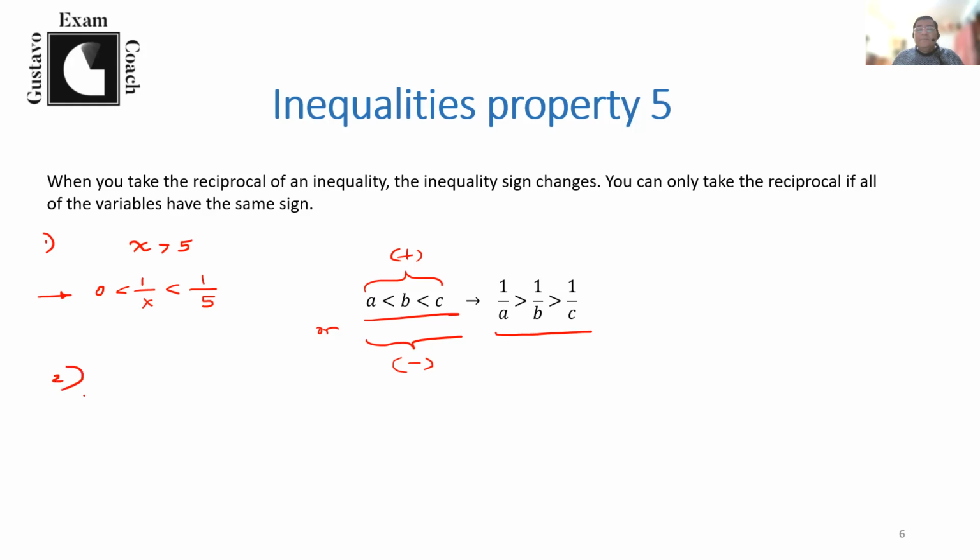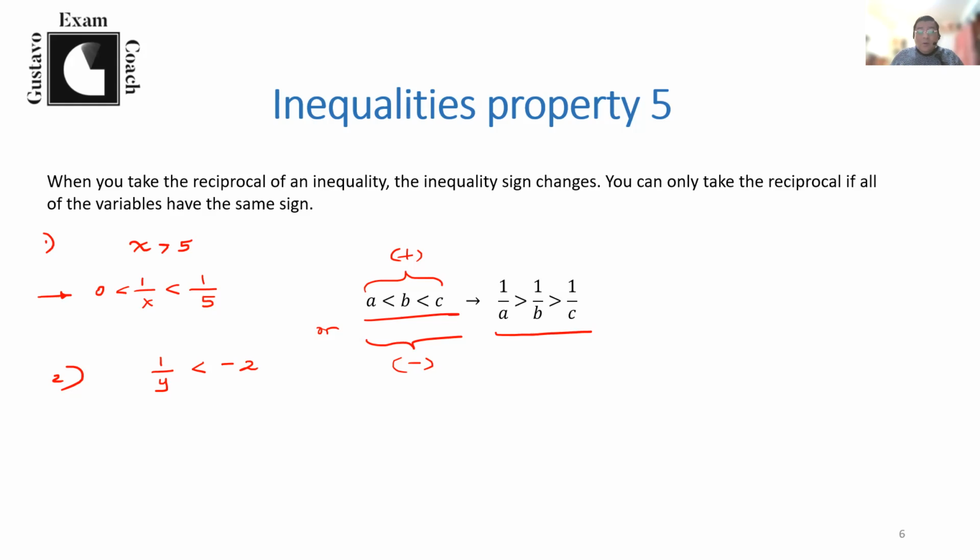Now, what about another example? We are saying that, for example, if you have that 1 over y is a negative number less than -2. So from this inequality, it is clearly noticeable that -2 represents a negative number. 1 over y being a number less than -2 must be negative as well.